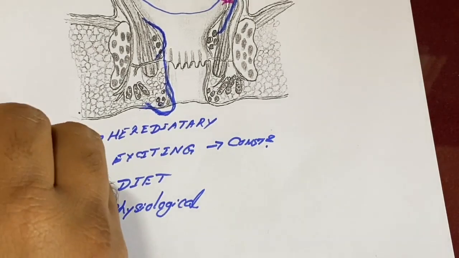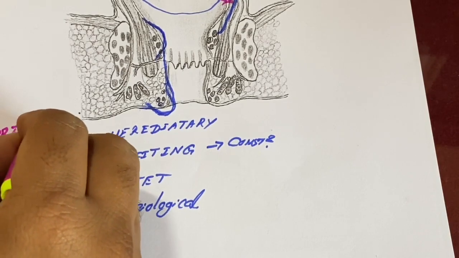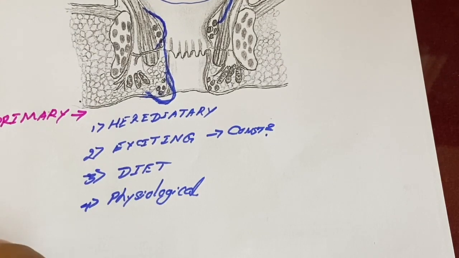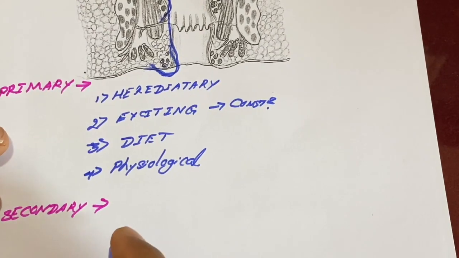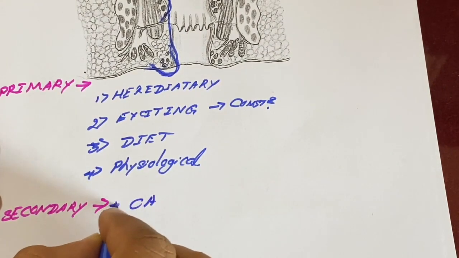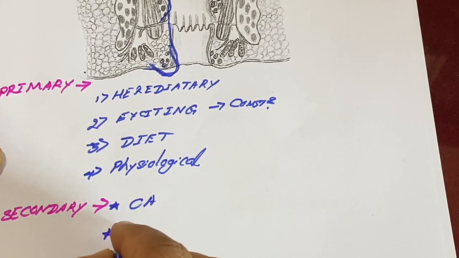Primary means where hemorrhoids is the prime disease. When you look into the secondary causes, it is any kind of disease which puts pressure on the hemorrhoidal plexus, like cancer and portal hypertension.